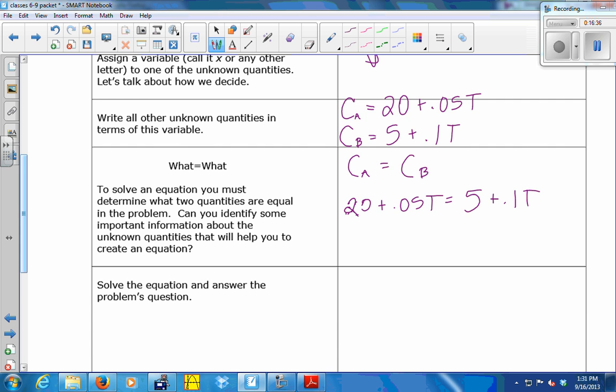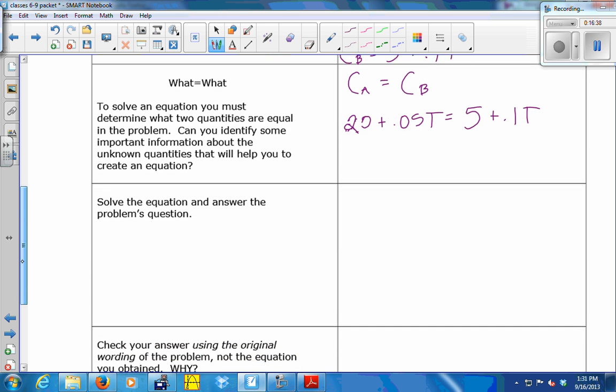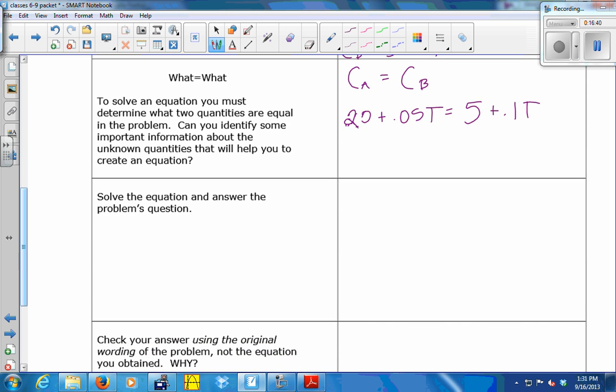Then finally, we solve the equation and answer the question. So I get 15 is equal to 0.05t. I just subtracted 5 from both sides, and I subtracted 0.05t from both sides. Divide both sides by 0.05, and you get 300.